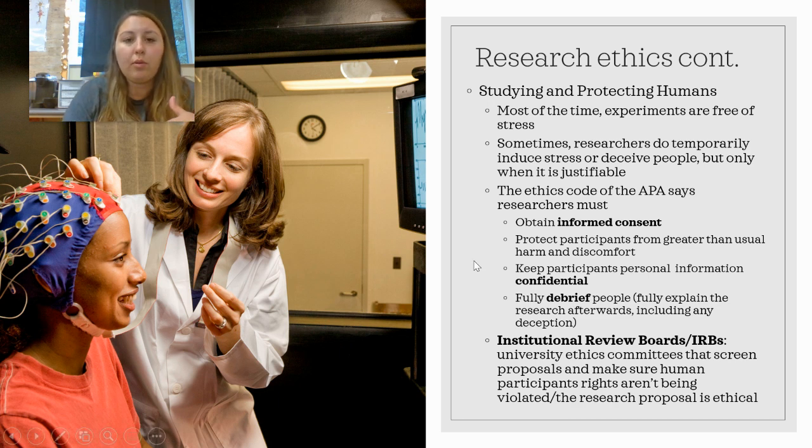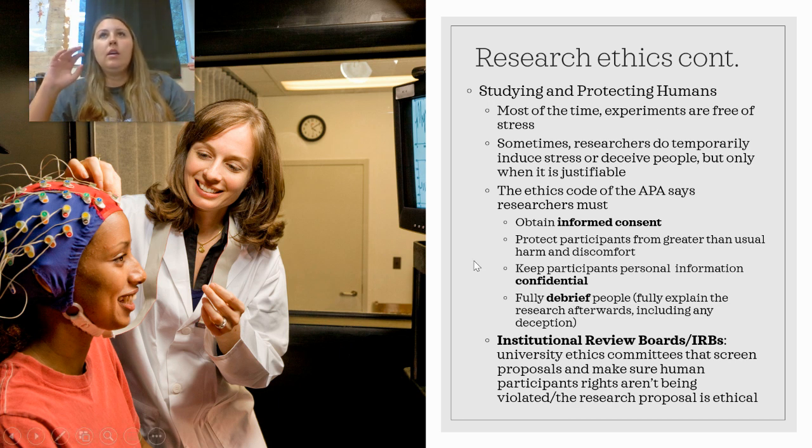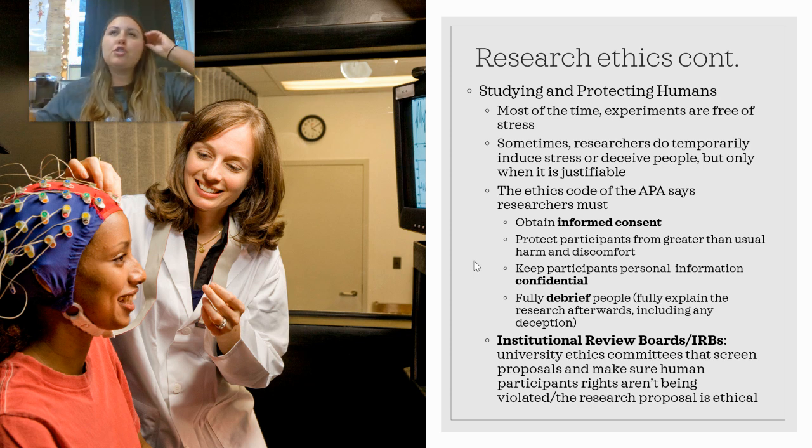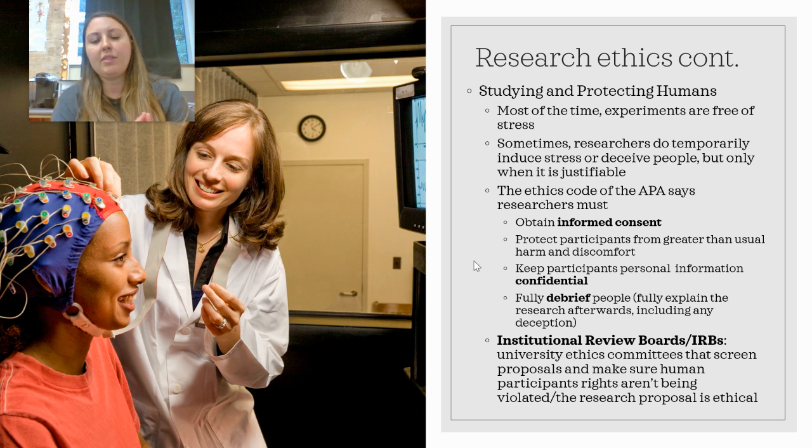So this is really important because it basically serves as a screening to make sure that nothing unethical gets passed. Because there was a time in psychological science, as we're going to learn soon in class, that there have been studies done that are very unethical, extremely unethical. And so in order to prevent that from happening, IRBs are made today, and they have to approve the research before conducting it.